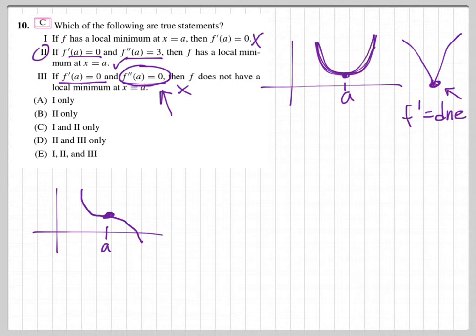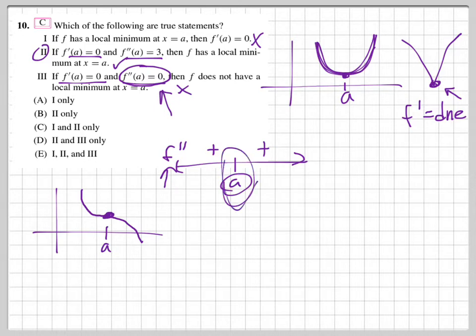The only way we know there is an inflection point is if we did something like a sign line graph with the f double prime, and at A, the concavity changes from plus to minus or minus to plus. But if it goes plus to plus, and A still makes f double prime equal 0, then this is not an inflection point anymore because the sign did not change. All right, so that means our answer right here is B.